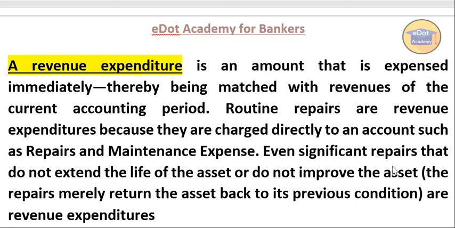Even significant repairs that do not extend the life of the asset or do not improve the asset, means these repairs will be called revenue expenditure. So I mean to say revenue expenditures are those whose amount is limited and whose accounting is done only for one accounting period, like starting from 1st April to 31st March of this year.